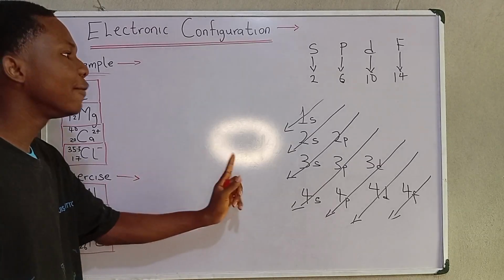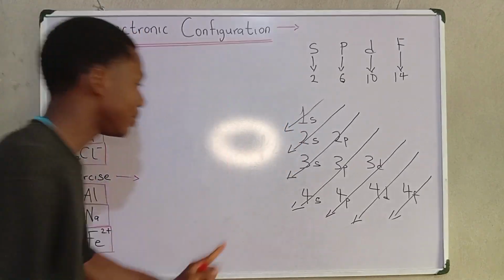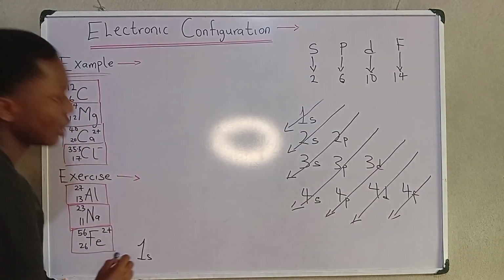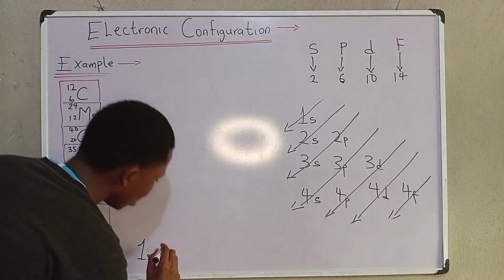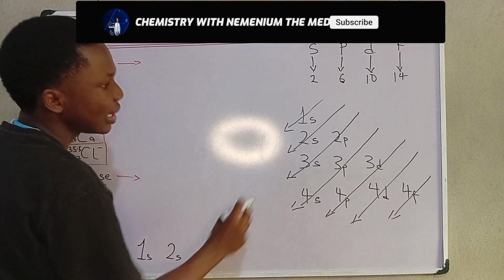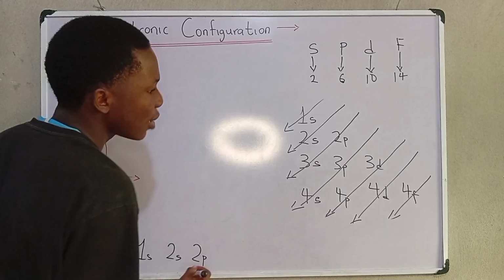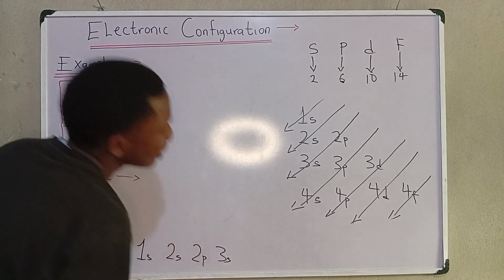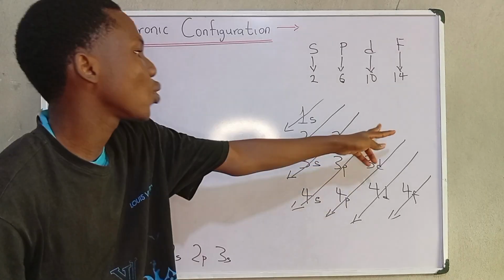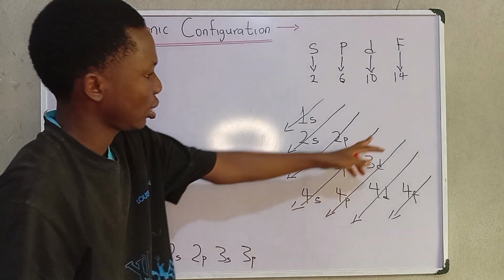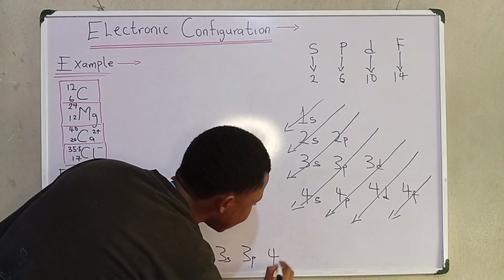Okay? What do I mean? If I want to interpret this for you, you have to write it like this: 1s. The next thing you write is 2s. The next thing you write is 2p. You have to follow the arrow. 3s is the next, right? Now, after 3s, what comes next, coming back here, is 3p. Then 4s, right?